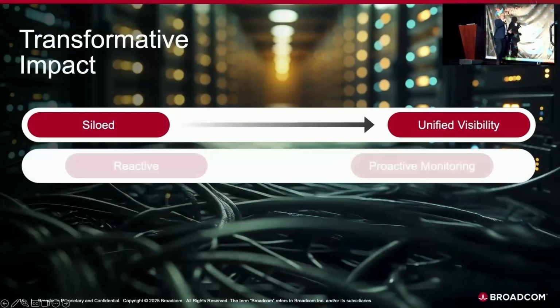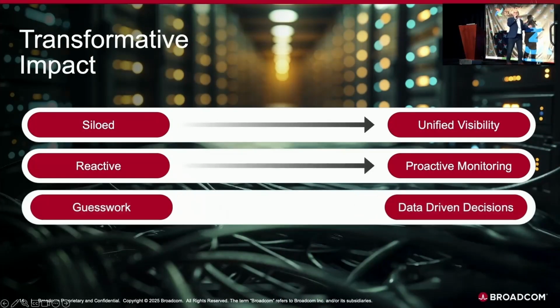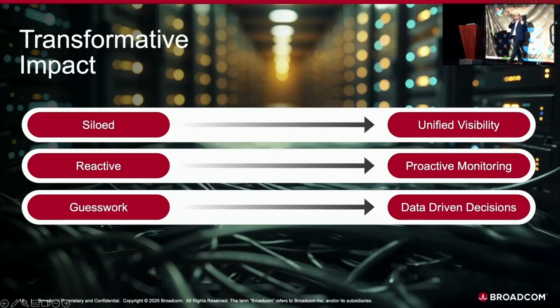So what's the transformative impact? Well, by embracing an analytics platform, you can move from a siloed model where everybody is operating in their own little world to a unified version of visibility, a full single pane of glass view across your automation landscape. We can move from a reactive stance to a proactive monitoring stance.